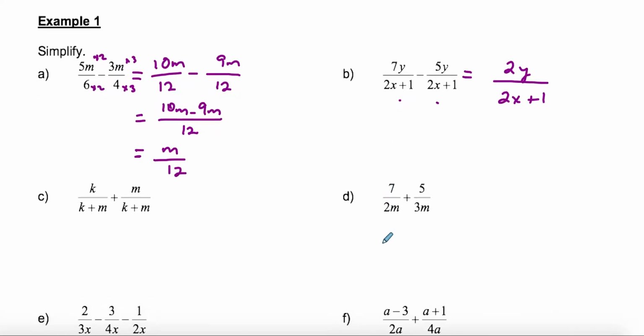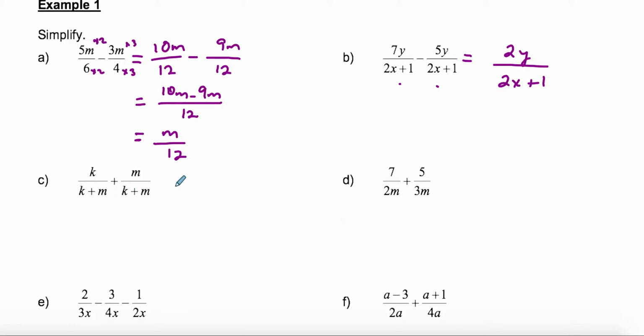Here again, I have common denominators already, so I'm safe to go ahead and add my numerators together. They are not like terms, so I would just write k plus m over k plus m as I keep the same denominator. That's really equal to 1, but I might state a restriction there where k can't equal negative m.